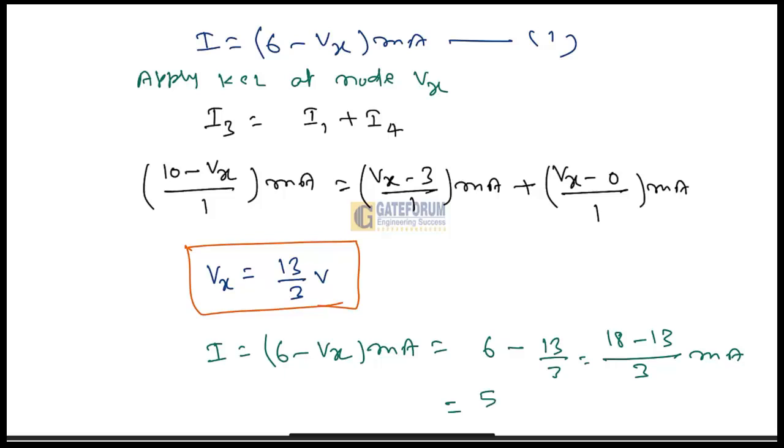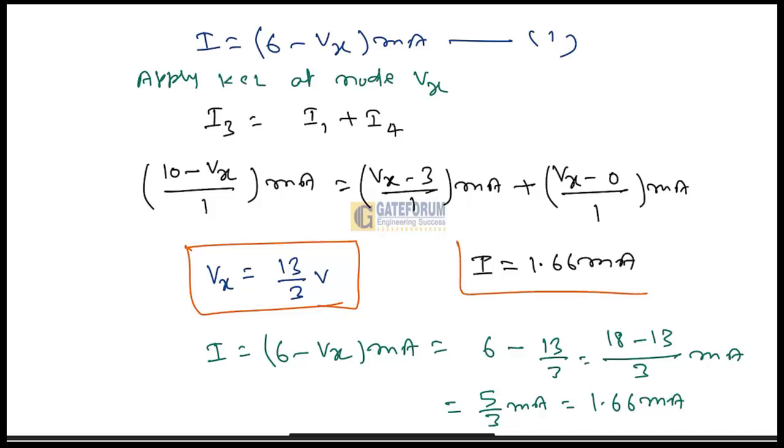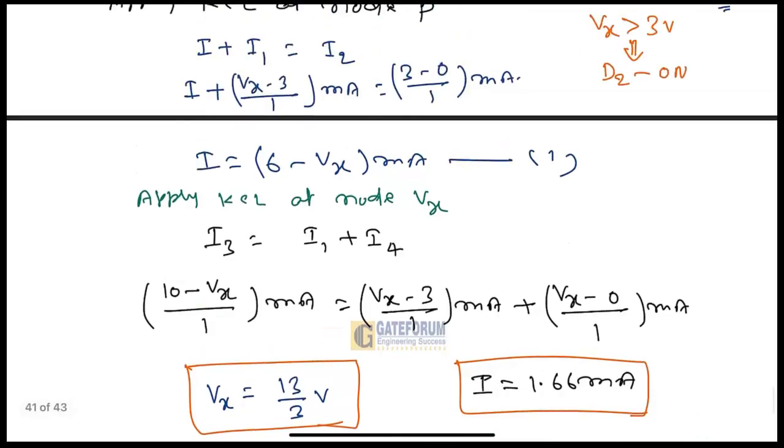So we will get 5 by 3 milliampere. So this will become 1.66 milliampere. So we got the value I that is passing through this D1 diode. So I is equal to 1.66 milliampere.